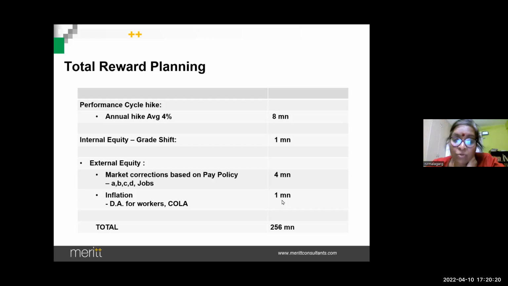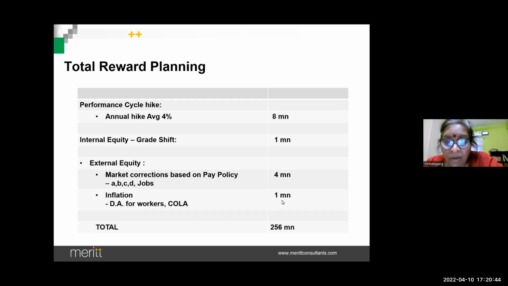I may need to do a grade shift, and some market corrections. So I will incur under these items 1 million, 4 million, etc. Then I see that suddenly inflation has gone up, and cost of living allowance, DA, has to be given. So I may have to incur 1 million.